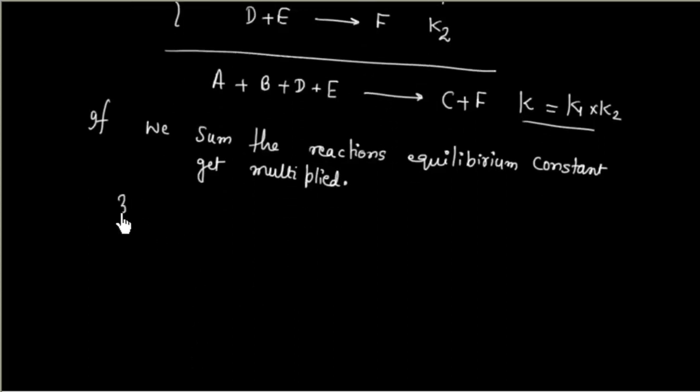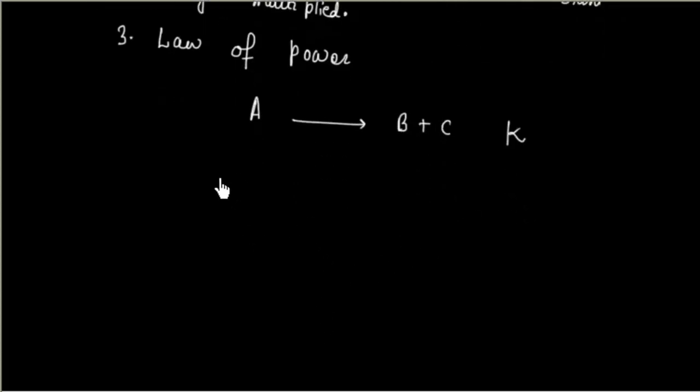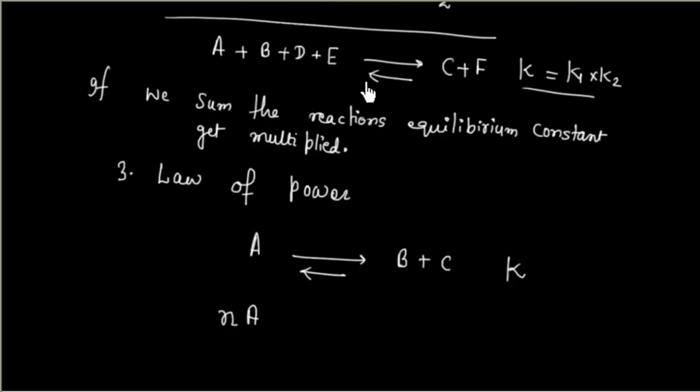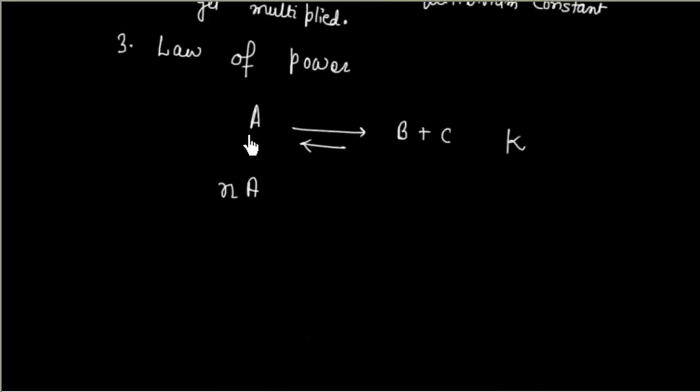Now the third rule is called the law of power. Let us say I have A gives you B plus C, and the equilibrium constant for this reaction is K. Now if I multiply this equilibrium expression by n on both sides, I will have nB plus nC, and let us say the new equilibrium constant is K dash. This law says the new equilibrium constant will be K to the power n.